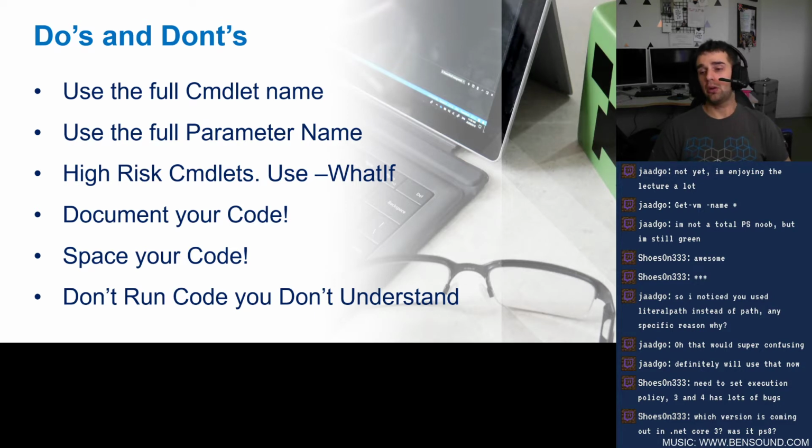Space your code. Readability is important. If it's a one-liner and it's a pipe, that's fine. If you're trying to be clever and putting it in one line, that's obfuscation, and that is just going to cause the person to scratch their head and ask why. So if it needs to be spaced out, space it out. It makes readability so much easier.